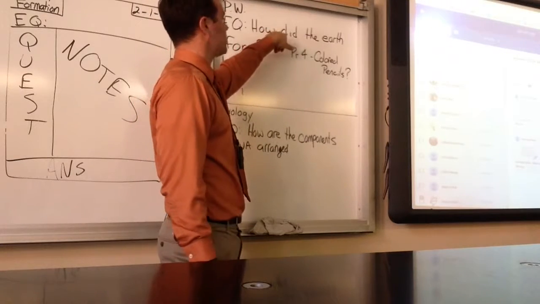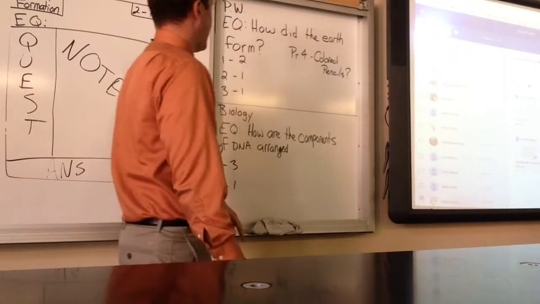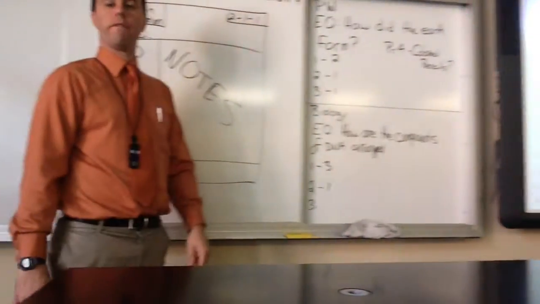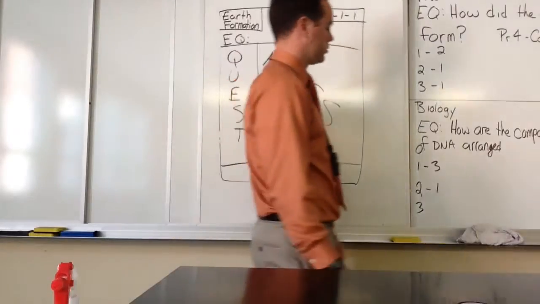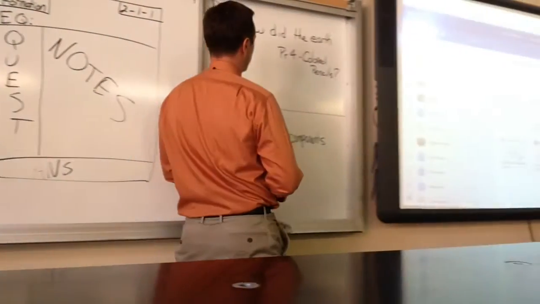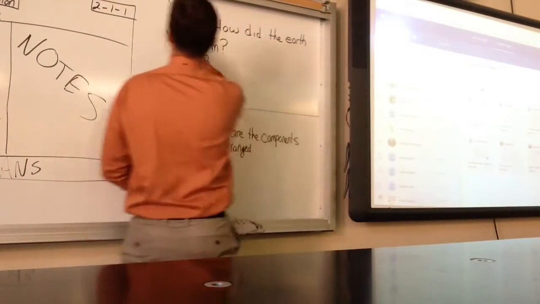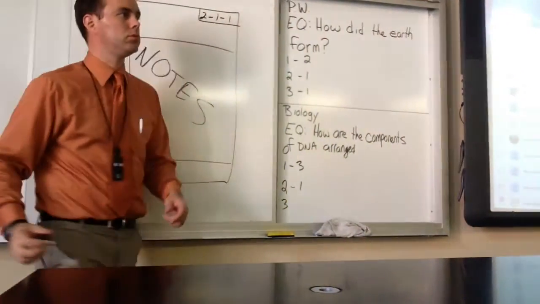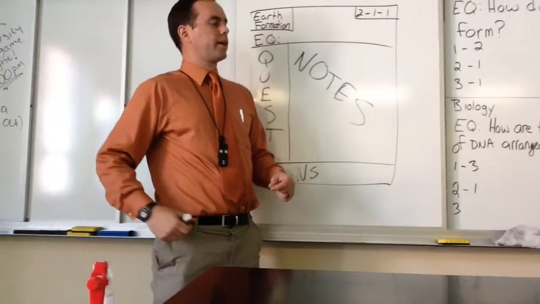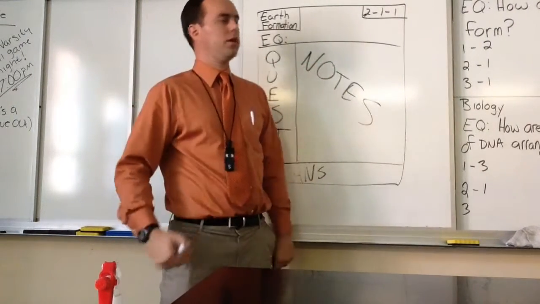But what you need to write down for your essential question is this: How did the Earth form? That is your essential question. So that goes right on that top blue line right there.